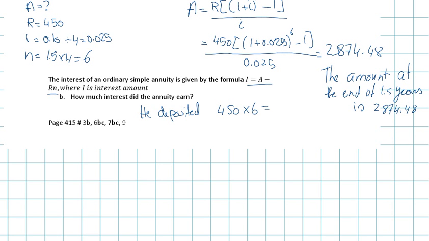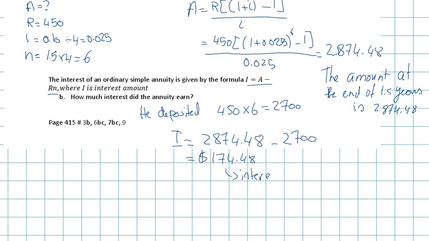The interest is equal to the amount that you have in the bank minus how much she deposited, which is equal to 174.48. Make sure you conclude with a therefore statement. I'm not going to write it, but you should write it.